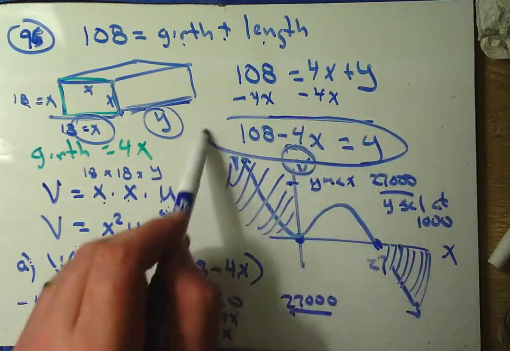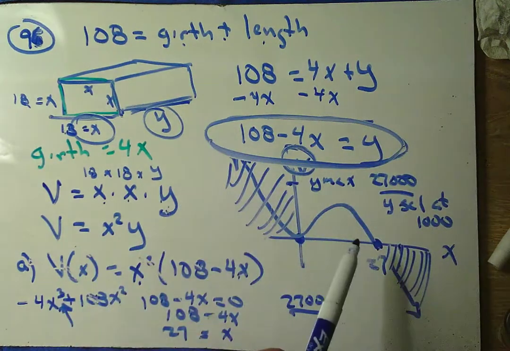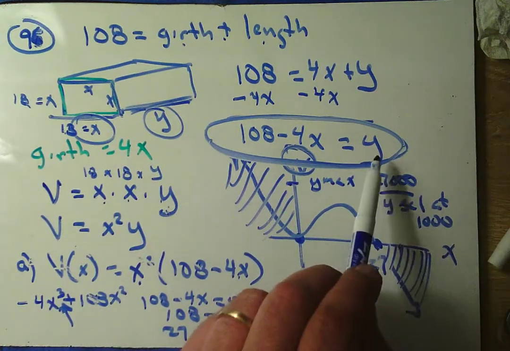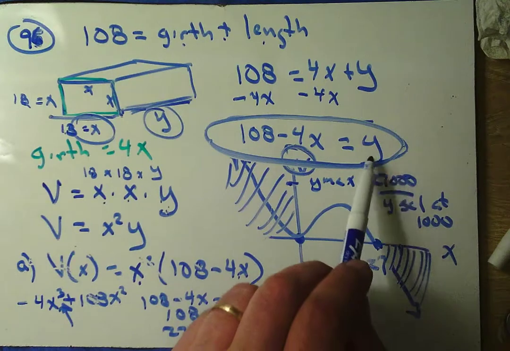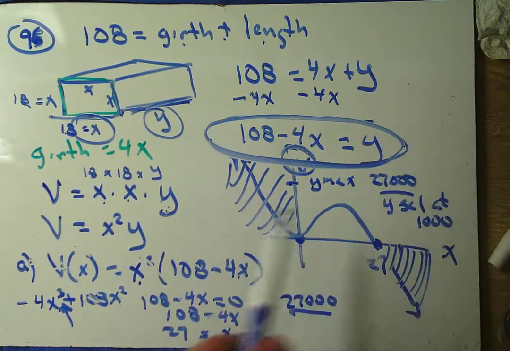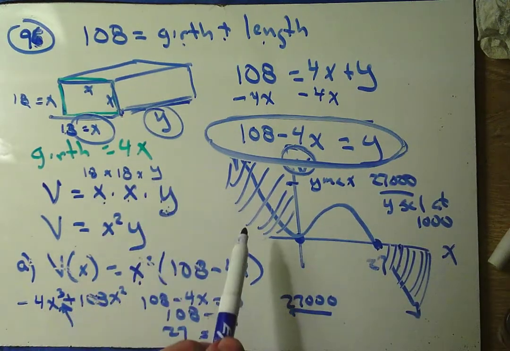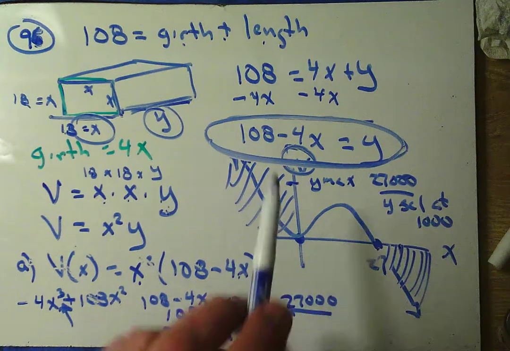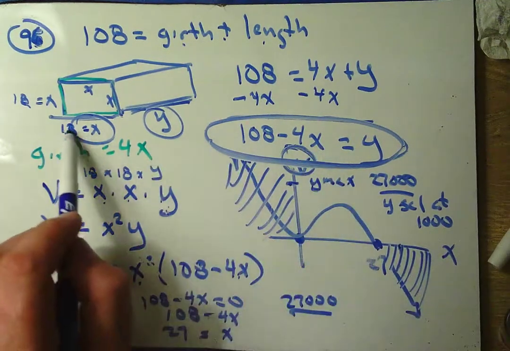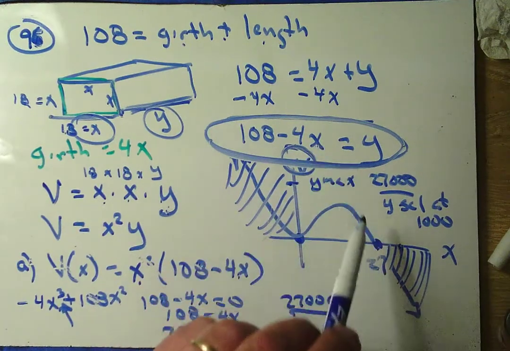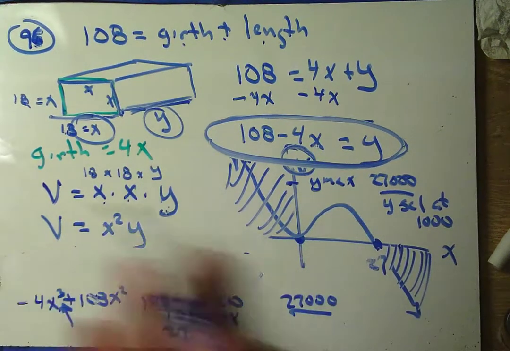See here? Your helping equation will help you some more. It's already solved for y equals exactly the thing that you need to figure out to say what the dimensions of the maximum volume box will be. So you just have to plug that x equal to 18 in here. So what do we get when we do that?